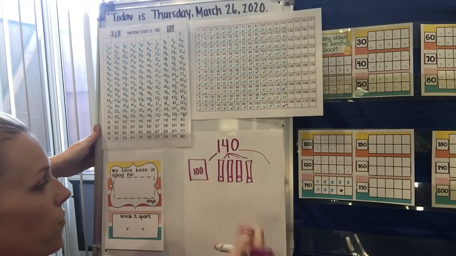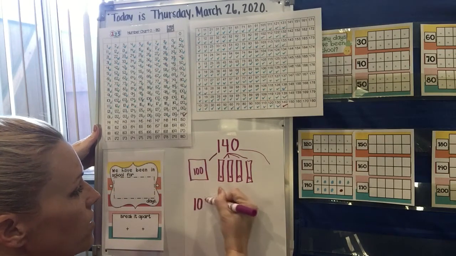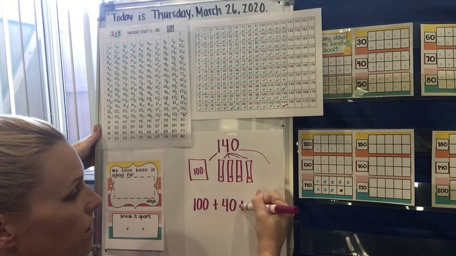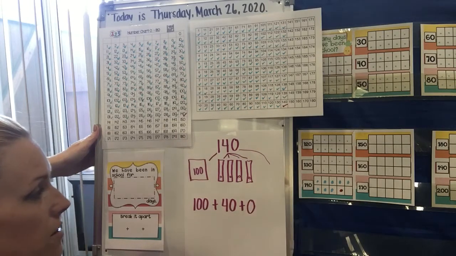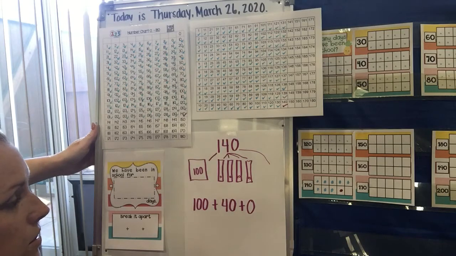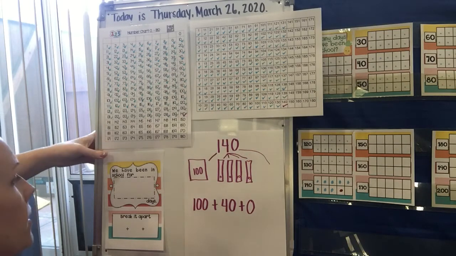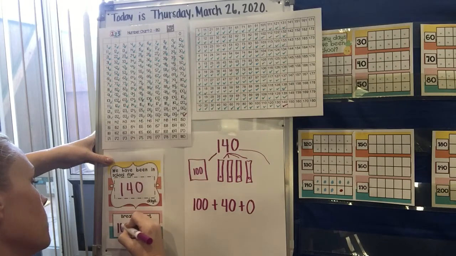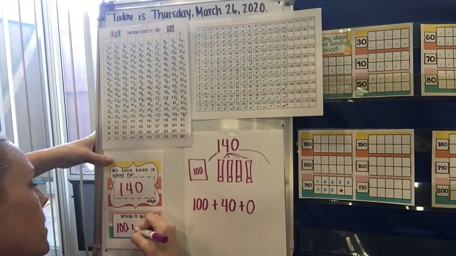So 140. So it's 100 plus 40 plus 0. So there you go. And I'll write that right there. 140, 100, ooh, sorry, that 0 was bad.